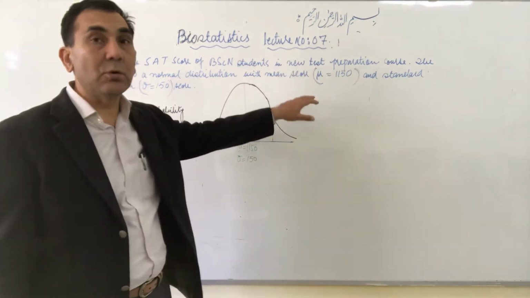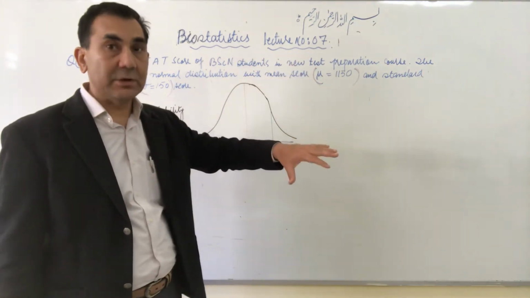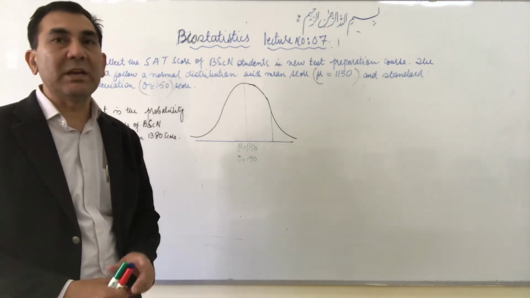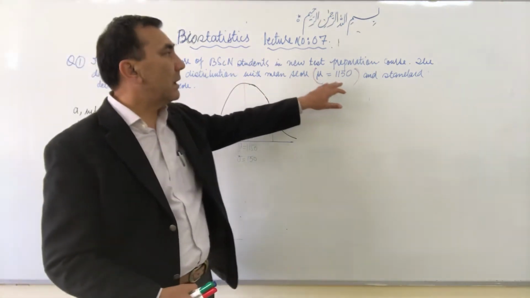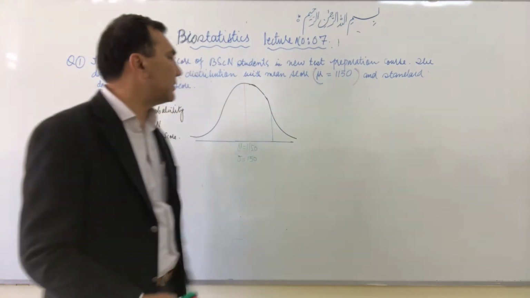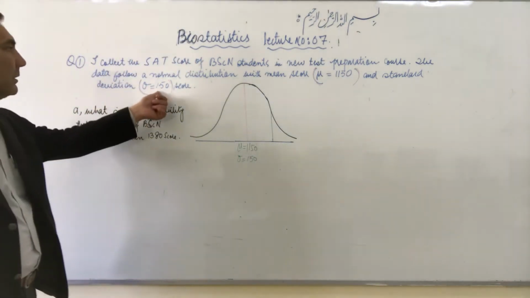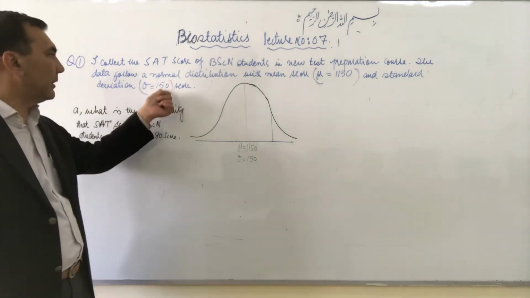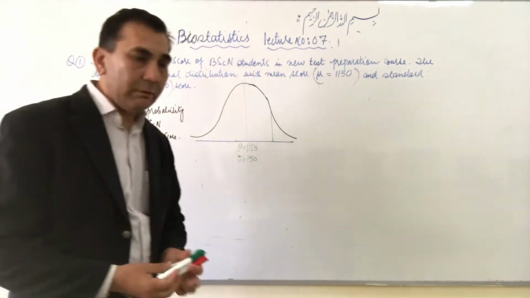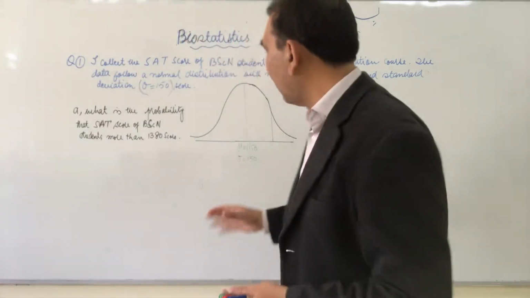The mean score of the state test, which I collected from the BSN students, is 1150 marks and the standard deviation is 150 score.